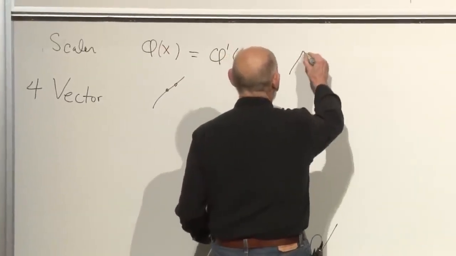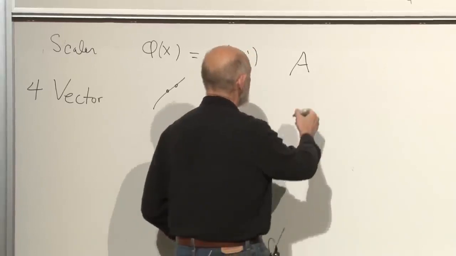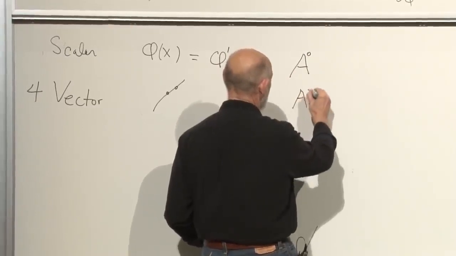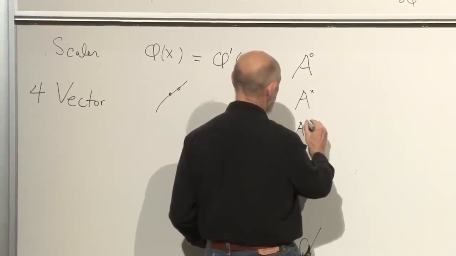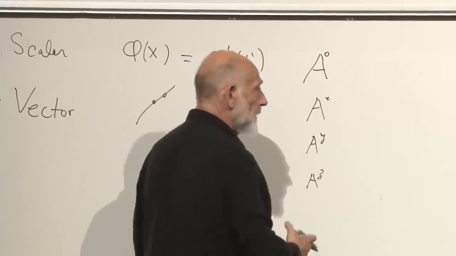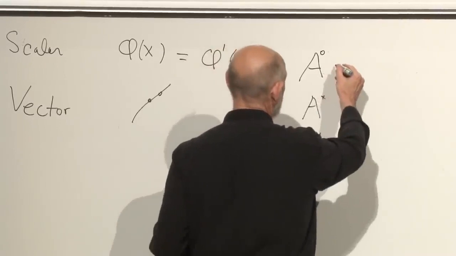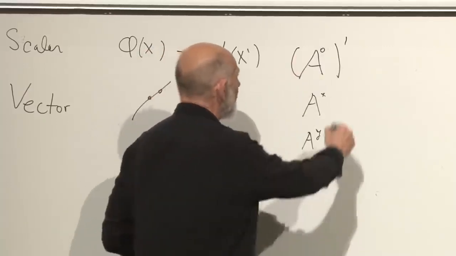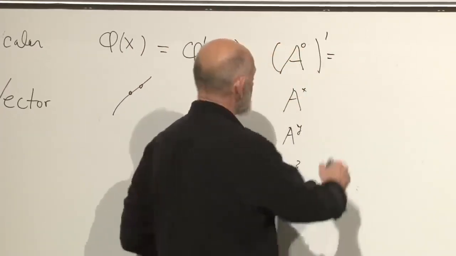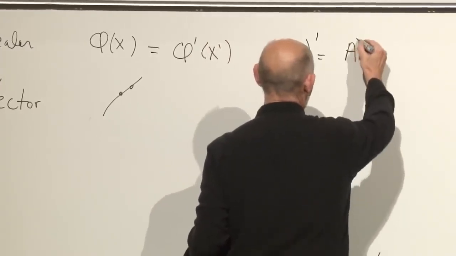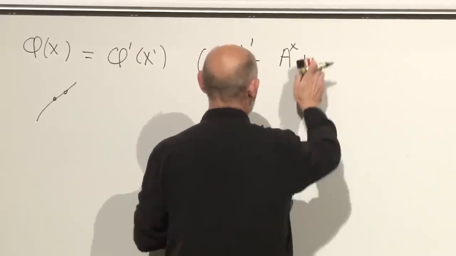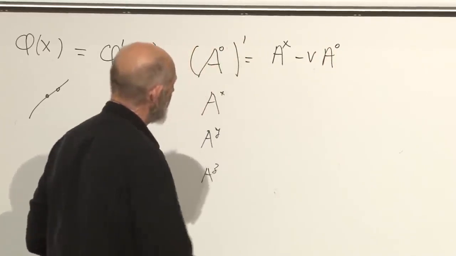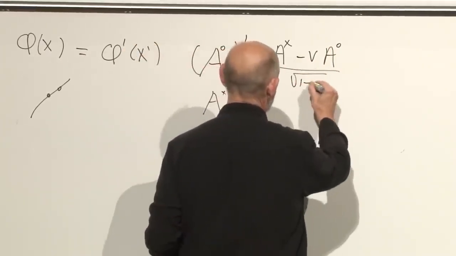So a 4 vector has 4 components. We can call the first the time component, but we're used to calling it a naught. Then a x, a y, and a z. And the transformation properties of these things, in my coordinate system, which I call prime, are equal to the values in your coordinate system. A naught prime is a naught minus v a x, divided by square root of 1 minus v squared.